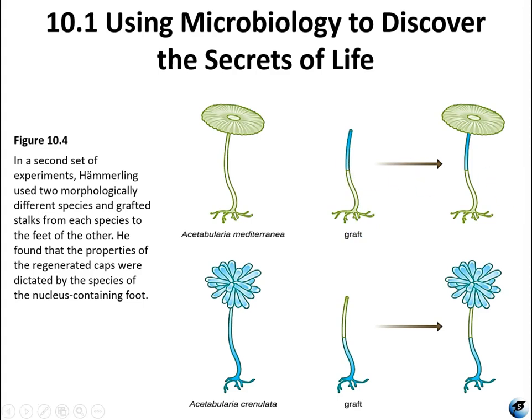And then sometime later, as long as this nucleus was intact, right? He didn't cut off the foot, he cut off the cap. And he grafted it onto the foot, and it still made a cap just like it normally would. And the other species, he did the same thing with it and grafted. So he was basically doing cross hybridization experiments here. And it was determined that whichever species the foot came from, that's the type of cap that it grew.